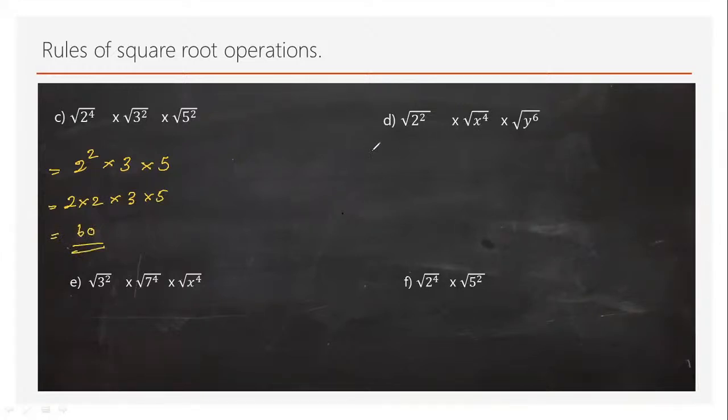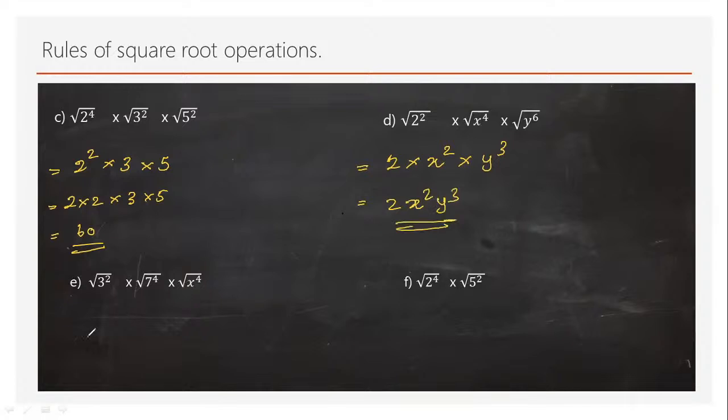B. See D, the D here. 2 to the power 2, even power, so divide power 2 by 2, that is 2, into even power 4 divided by 2, x to the power 2, and y to the power 6, that is y to the power 3. Then you can write 2 x to the power 2, y to the power 3.